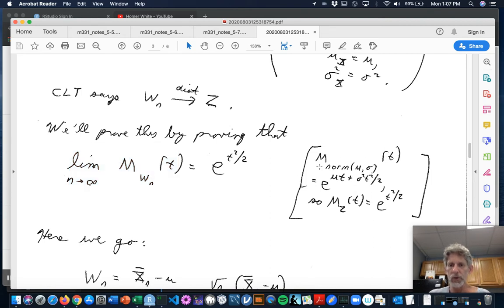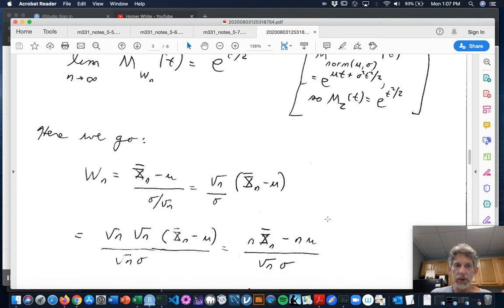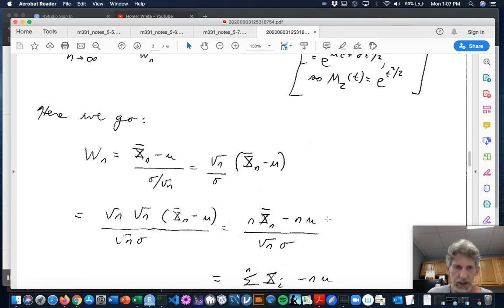Remember, for a normal, the moment generating function is this: stick in mu equals 0, stick in sigma squared equals 1, and you do get this. So here we go. We're really launching into the central limit theorem now that I've given you some tools and told you my basic strategy. Let's get into the proof.